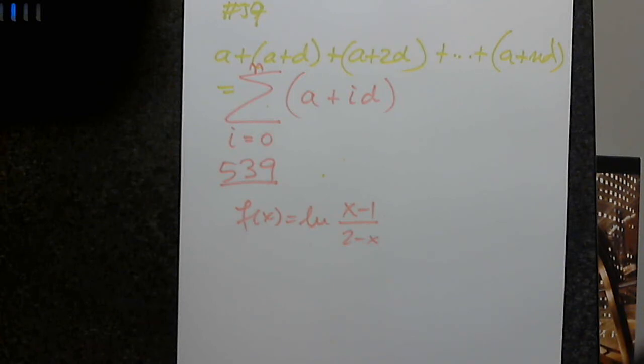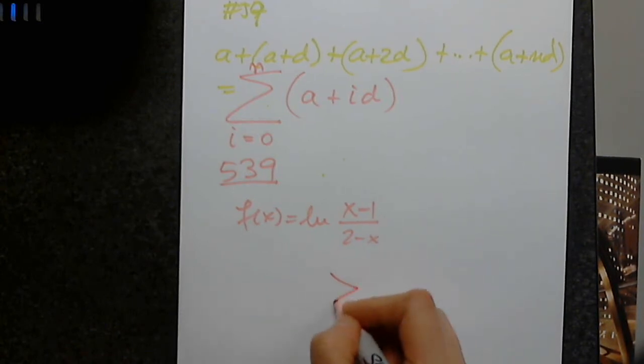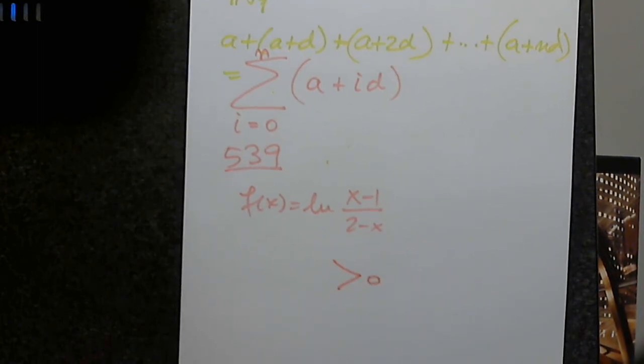So, knowing that, what can I have inside the log? Say it again. Yes. In this case, what has to be greater than 0? 2 minus x. What do we apply natural log to? What do we apply natural log to in this problem?